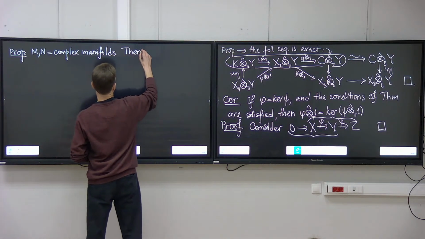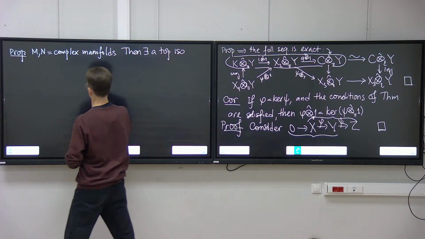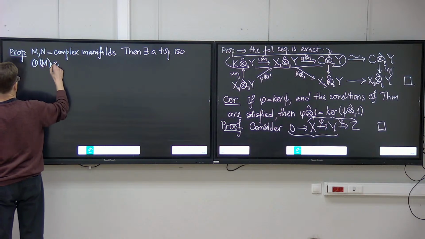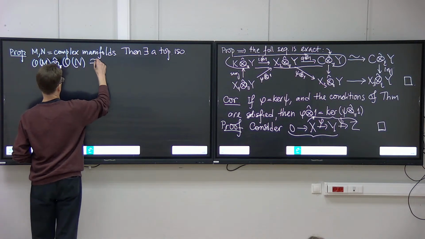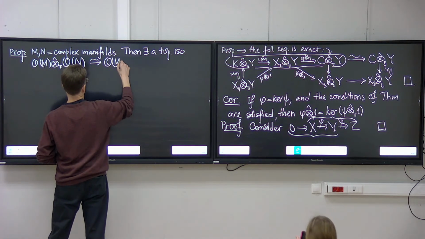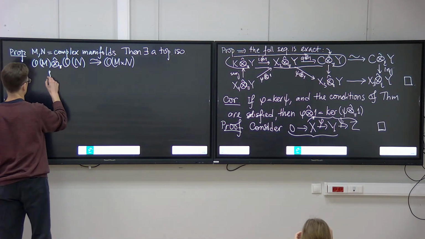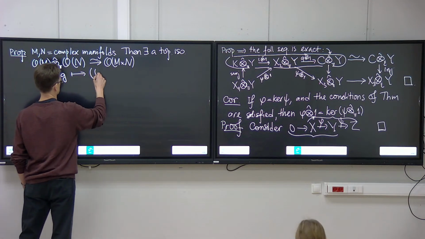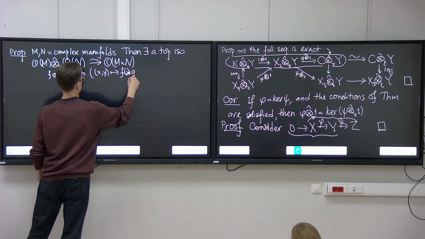I claim that then there exists a topological isomorphism between the projective tensor product of spaces of holomorphic functions on these manifolds and the space of holomorphic functions on the product, which takes every elementary tensor, f tensor g, to the function given by the following formula.